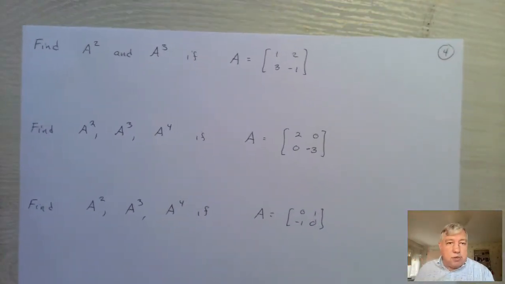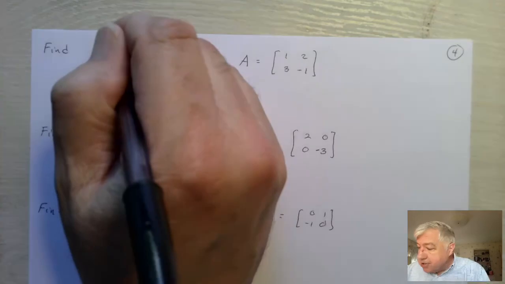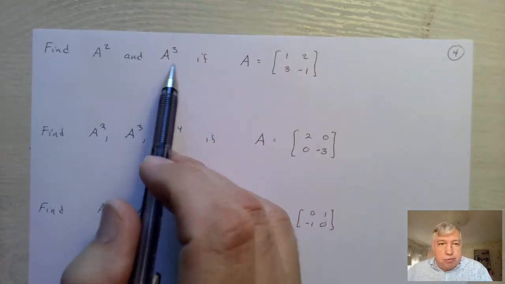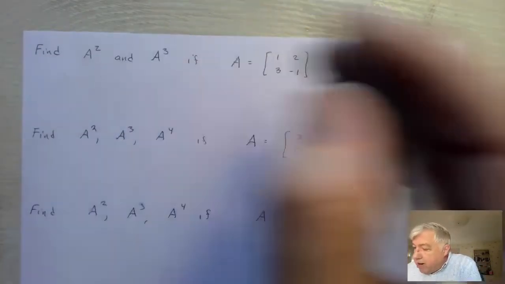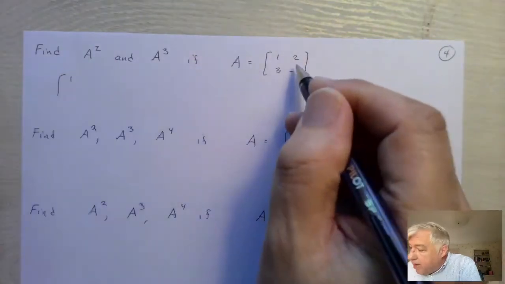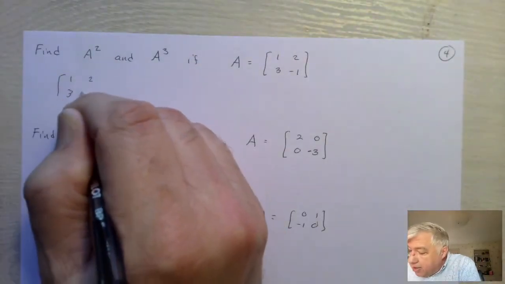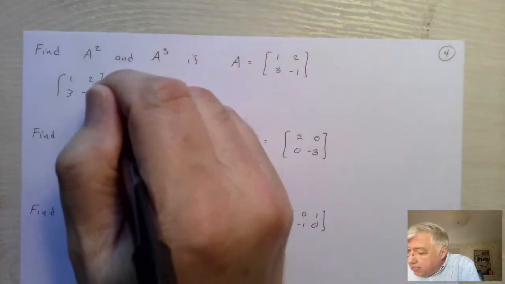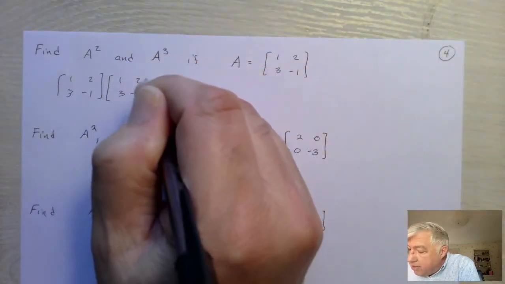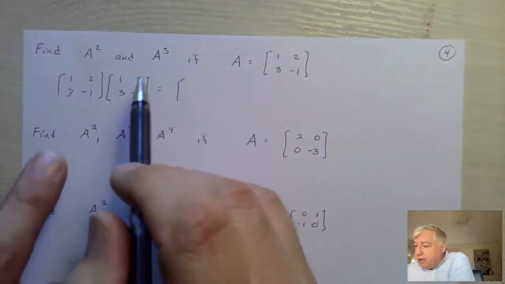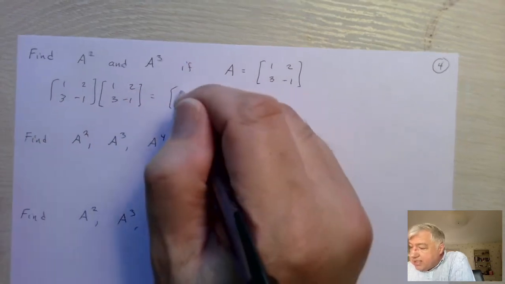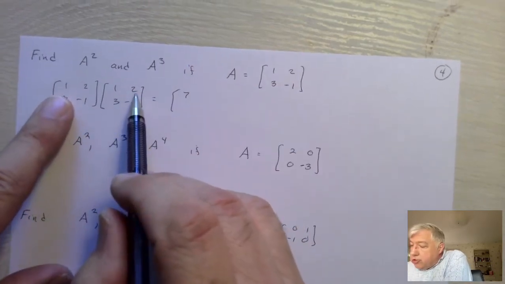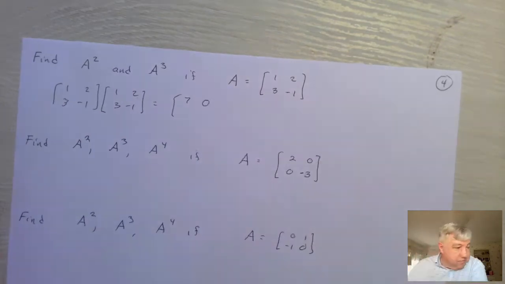We can talk about powers. The power of matrix A squared is just the same as A times A. A cubed would be A times A times A. So let's see what A squared would be. This would be, if A is 1, 2, 3, negative 1, and we multiply it by itself. What will this be? 1 times 1, 1, so we have 1 plus 6 is 7, 2 plus negative 2, that's 0.